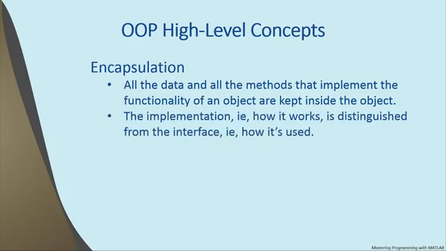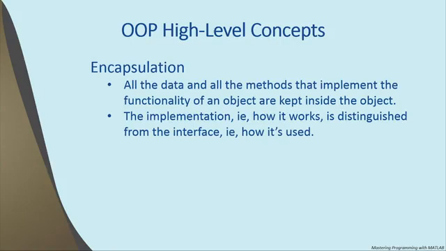Furthermore, the implementation of an object's functionality, which includes all its properties and all its methods, is distinguished from its interface, which comprises only a subset of those properties and a subset of those methods that are visible outside the object's class. For example, the interface of MyList included only its methods and none of its properties.